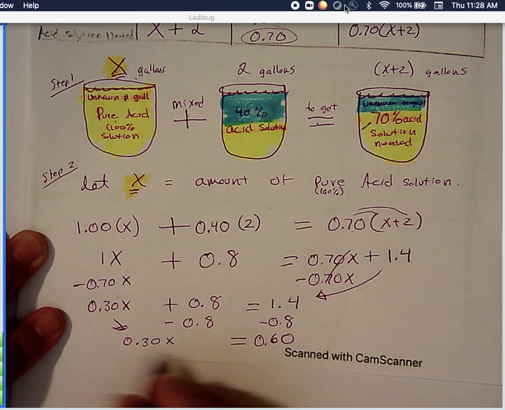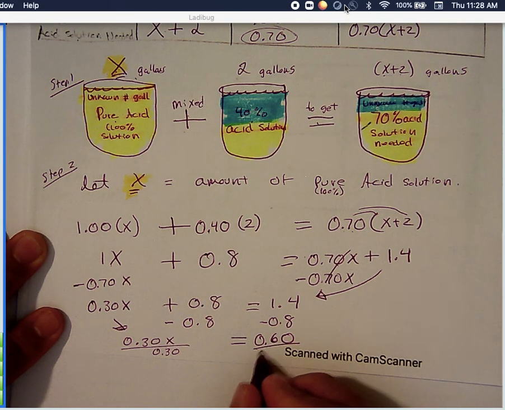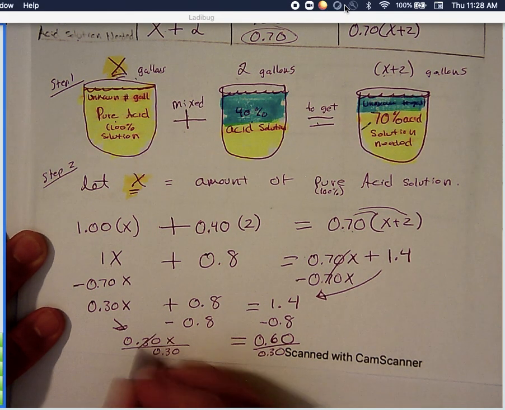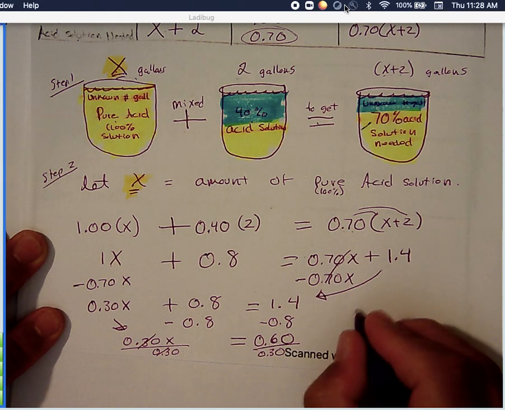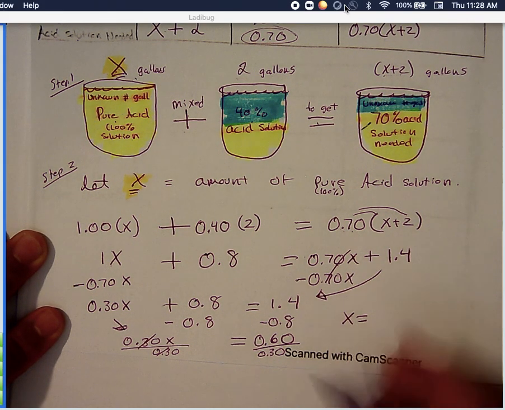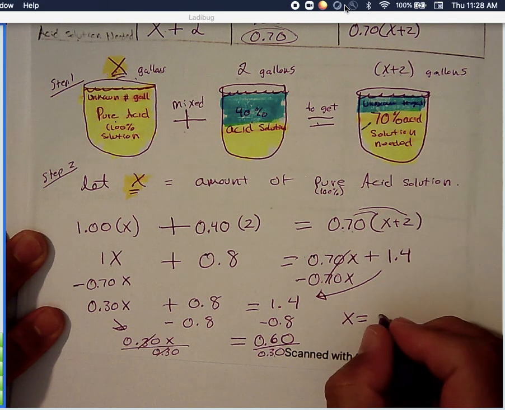Okay, and then we solve for x, so we gotta divide by 0.30, 0.30, so that becomes a 1. So the answer, when you divide this, you get 2 gallons.